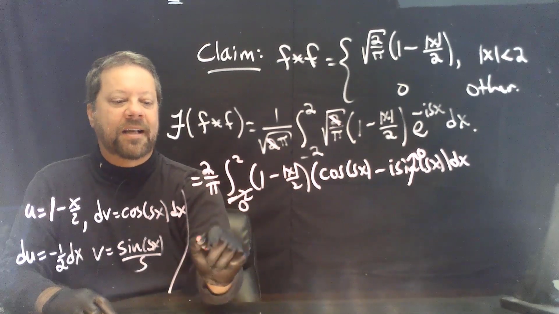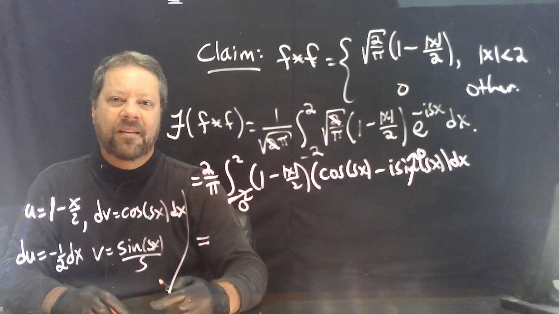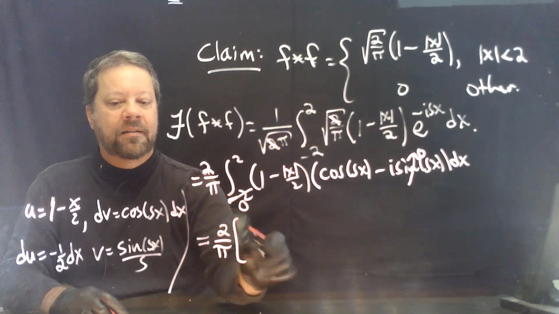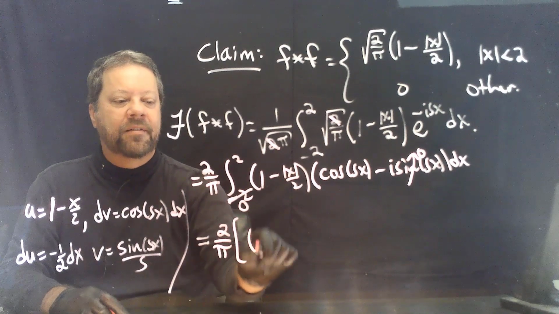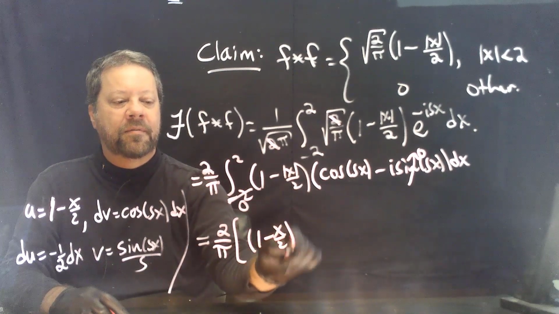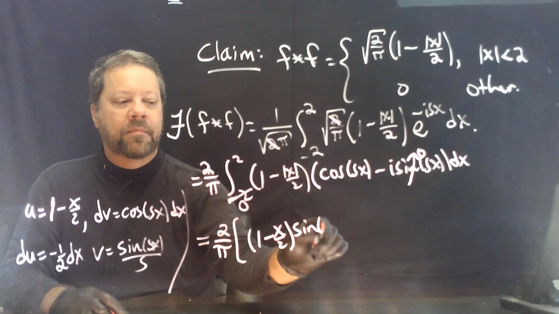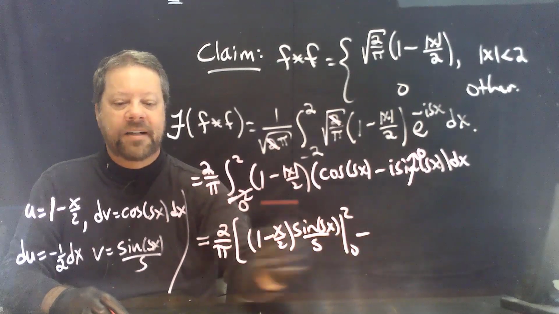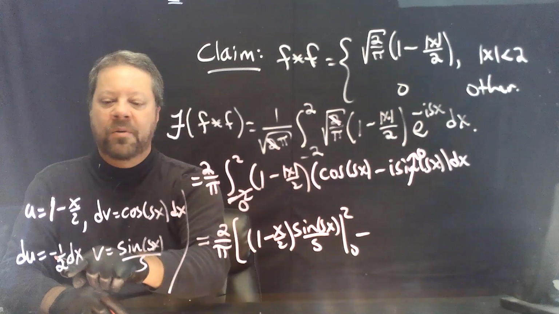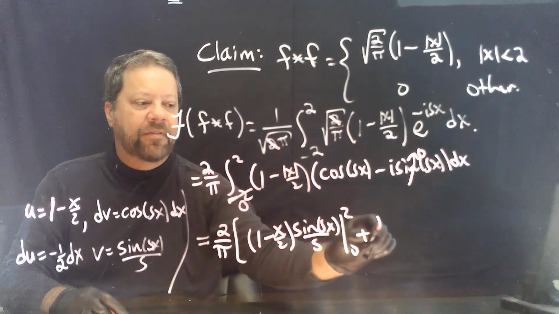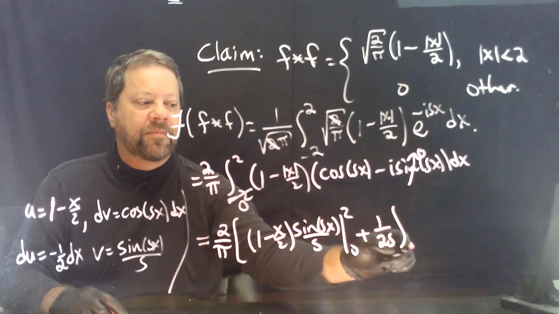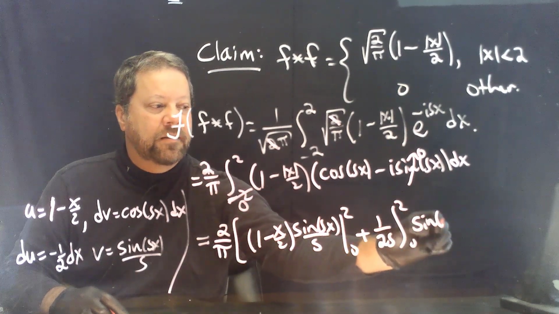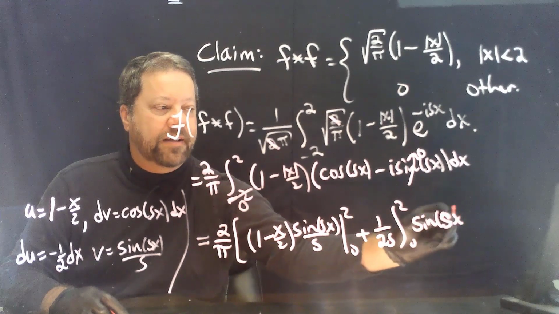Putting this aside, we'll have 2 over pi. We'll have uv minus integral v du. We have this negative 1/2 and the s. And all that's left is sine of sx dx.